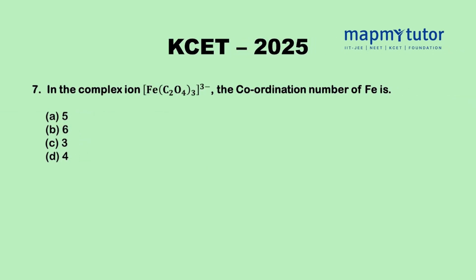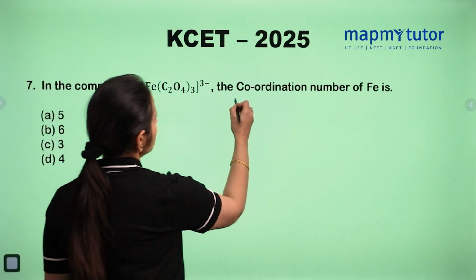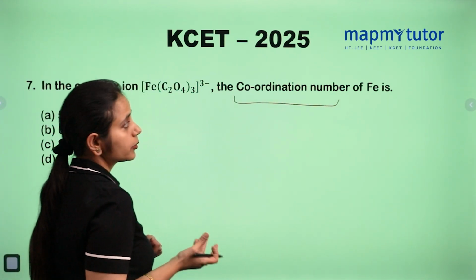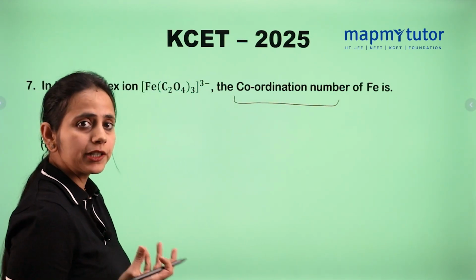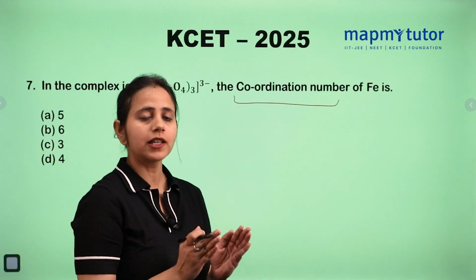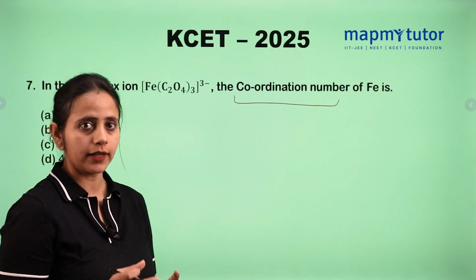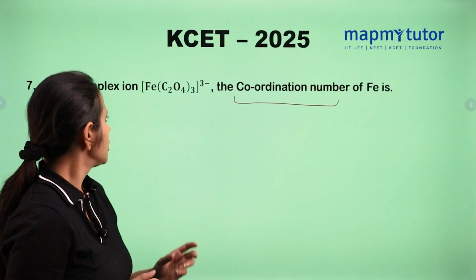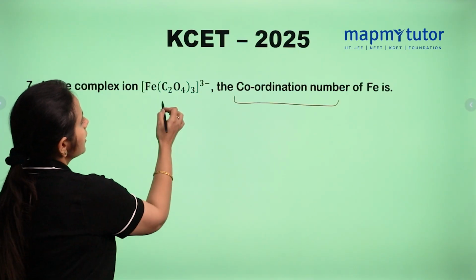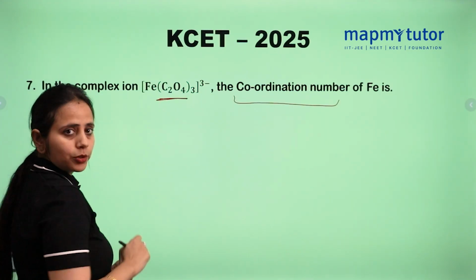In the complex ion Fe(C2O4)3 negative, the coordination number of iron is? What is coordination number? This is a very important term. Coordination number is the number of sigma bonds between the ligands and the metal atom. In this complex, the ligand is linked to the metal atom.